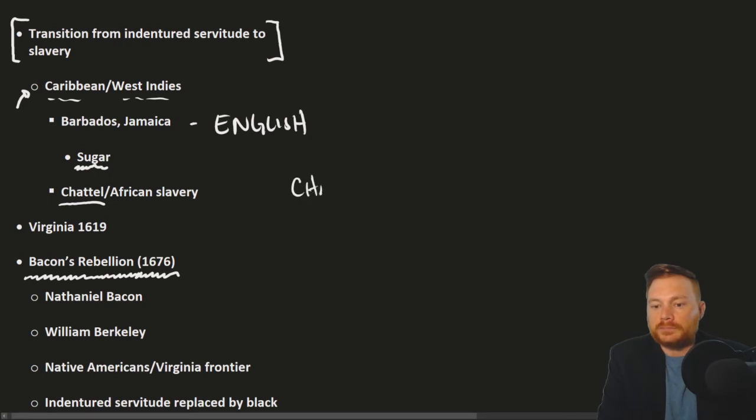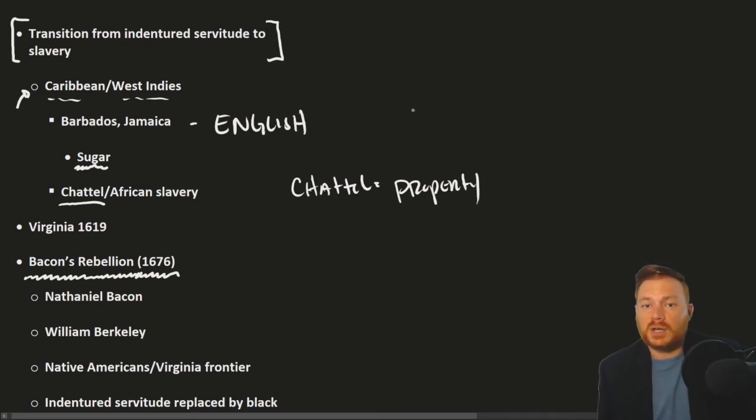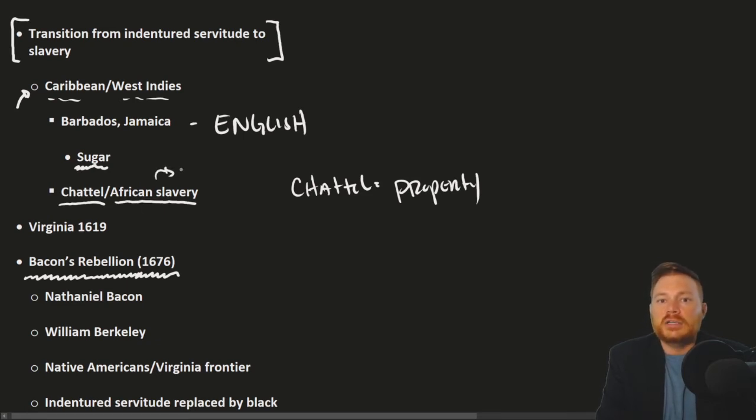Recall that chattel means property. That was different than the way that slavery was typically practiced in Africa at the time and other places around the world. Slaves were also most likely servants, whereas in the New World, they were mostly dedicated to producing cash crops. And that slavery in the New World became based off of race. It was almost exclusively African, especially as you got further and further into the 1700s.